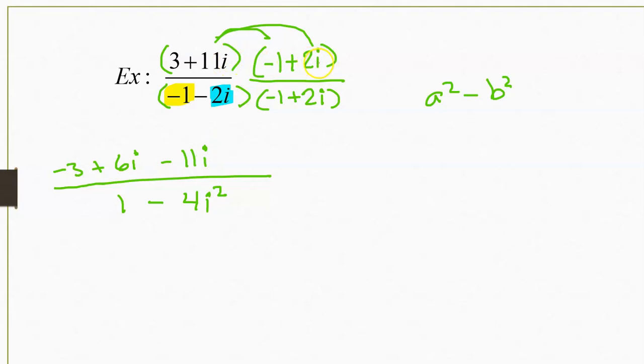And 11i times 2i is 22i squared. Okay. Of course, we are remembering that i squared is negative 1.